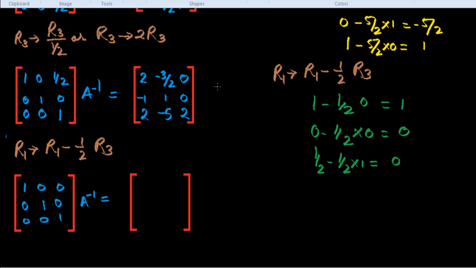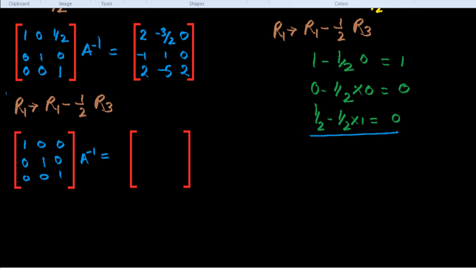Now the same process we have to do here. Here you see R1 is 2 minus 1 by 2 and R3 is 2. So we get 2 minus 1, which is 1.